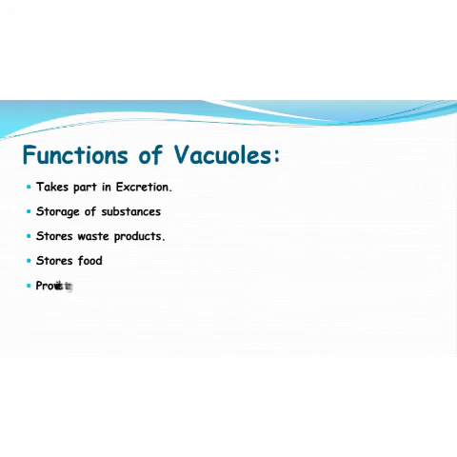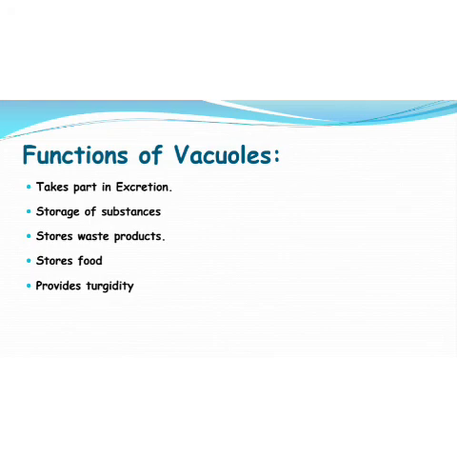Next, it provides turgidity. Just imagine the structure of a plant cell. When water moves inside the plant cell, they retain this water within the vacuole, and this water puts pressure towards the wall, right?